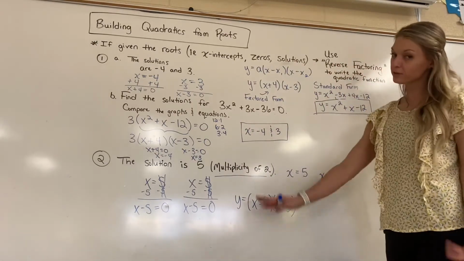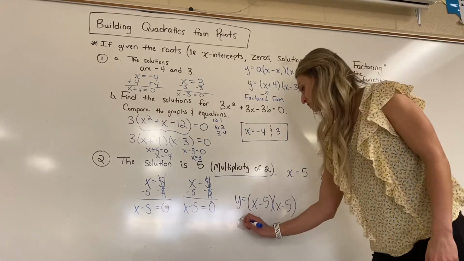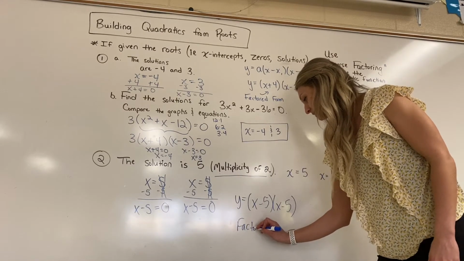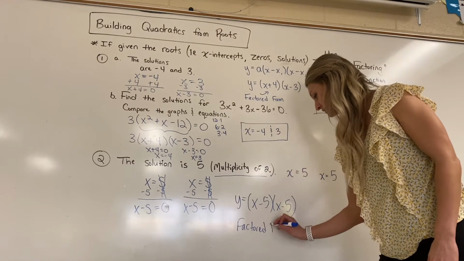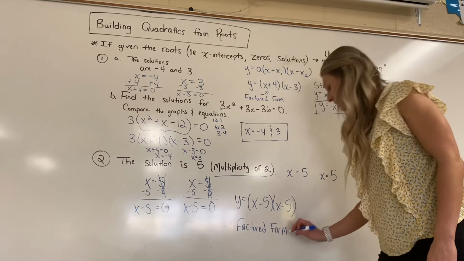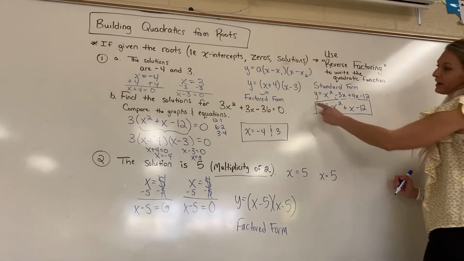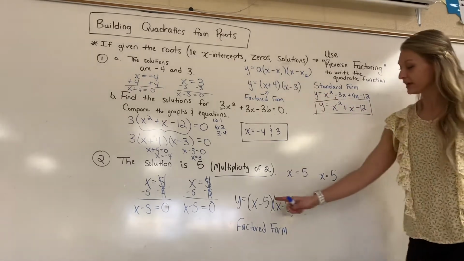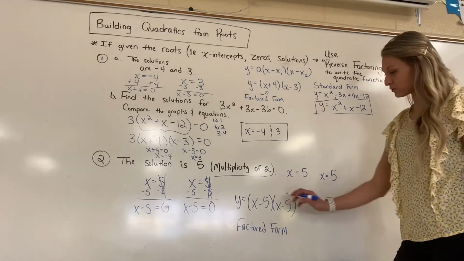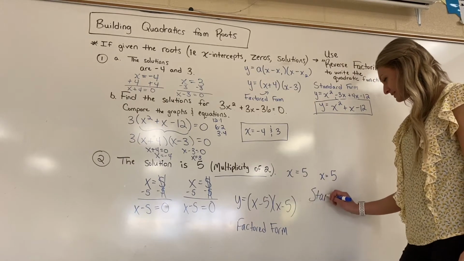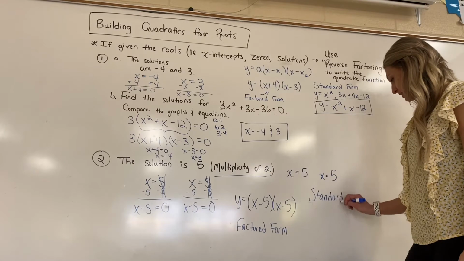And so that would be the factored form. If they just want you to put it in factored form, you're done. Ooh, it's hard to write at this angle. But if they wanted you to put it in standard form, remember that's where you have to multiply it out. So let's do that to practice that. Standard form.